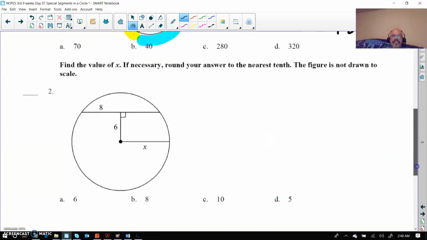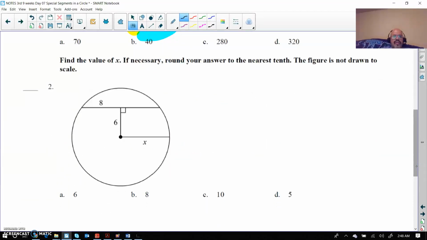That's fine. Now here we have this diagram. We're looking for x, which happens to be a radius, and all radii are equal to each other. So if this is drawn correctly, we can assume that these two segments are congruent, and we have the Pythagorean theorem.